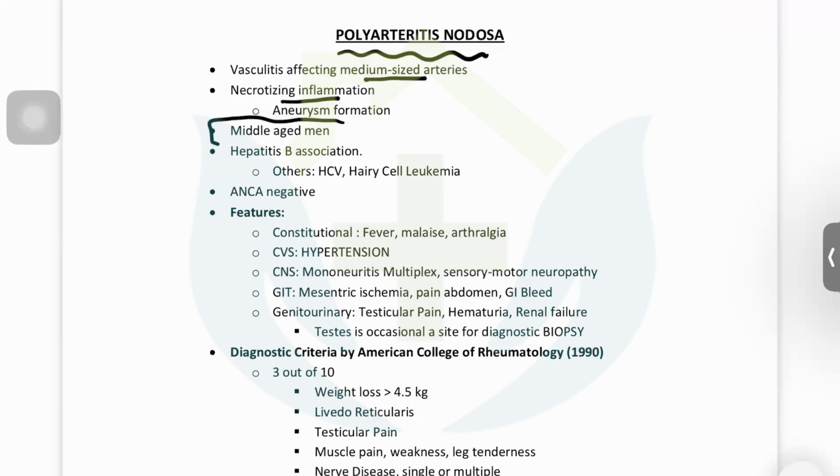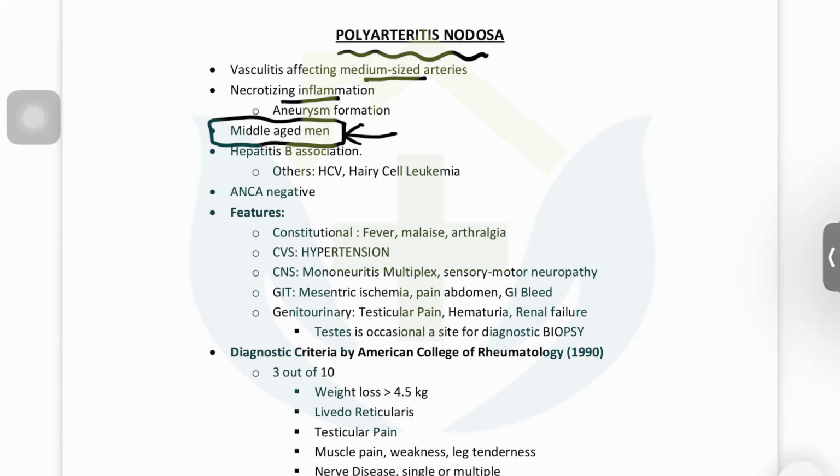This is one rare condition of the autoimmune world where men are involved more. Middle-aged men, they are more involved. This is one such condition in rheumatology where the question statement will start with a 40-year-old man who was diagnosed with hepatitis B 2 years back and has now come to you with constant pain in the right hypochondrium and new onset hypertension.